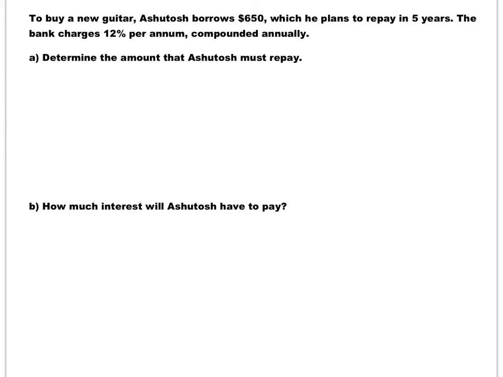So we know that A is P times 1 plus R exponent N. The initial loan is $650. The interest rate is 12%, so 12 divided by 100.